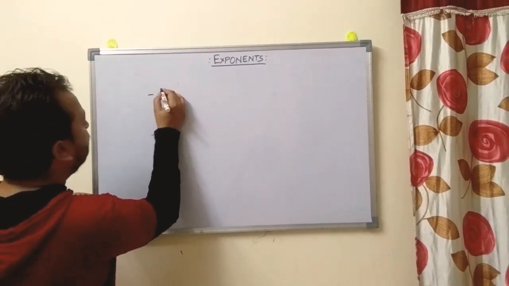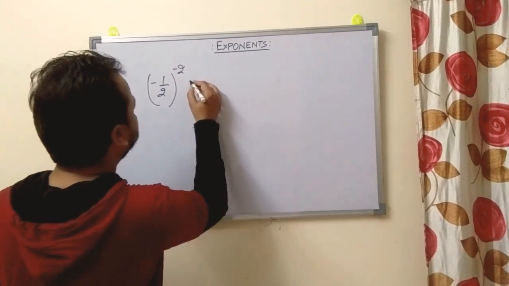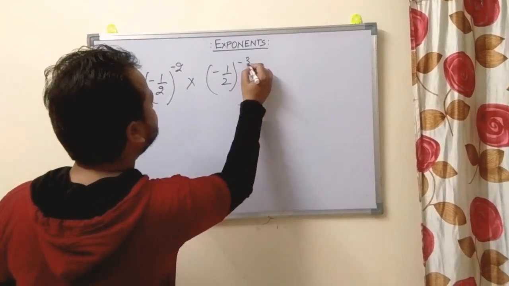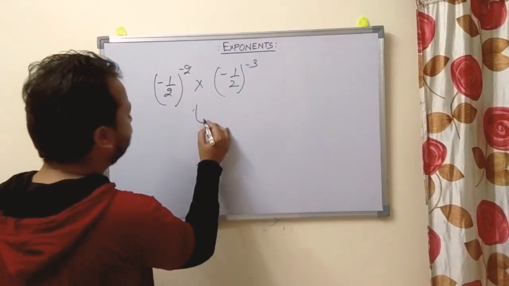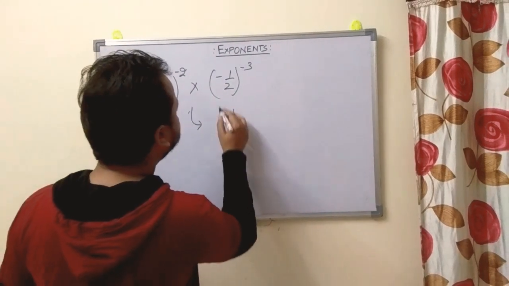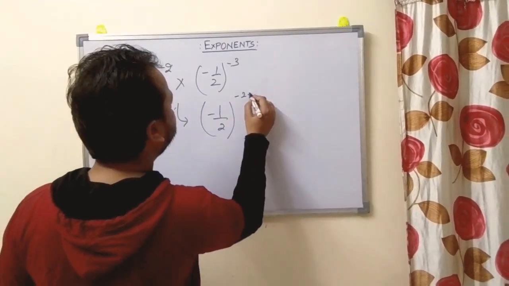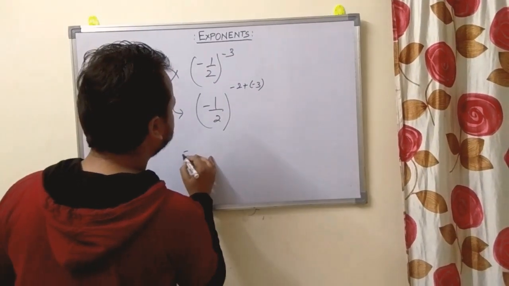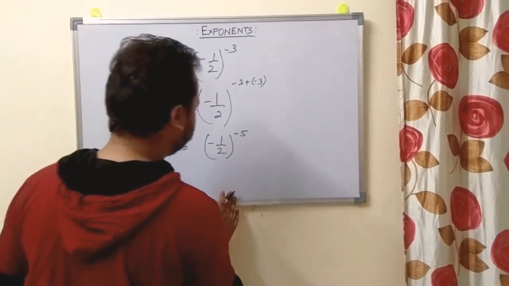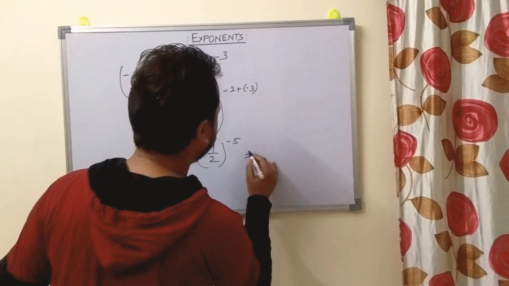If it is written as minus 1 by 2 power minus 2 multiplied by minus 1 by 2 power minus 3, what you have to do is, base is same, so power must be added: minus 1 by 2 power minus 2 plus minus 3, so it equals minus 1 by 2 power minus 5. Open it or take the reciprocal.